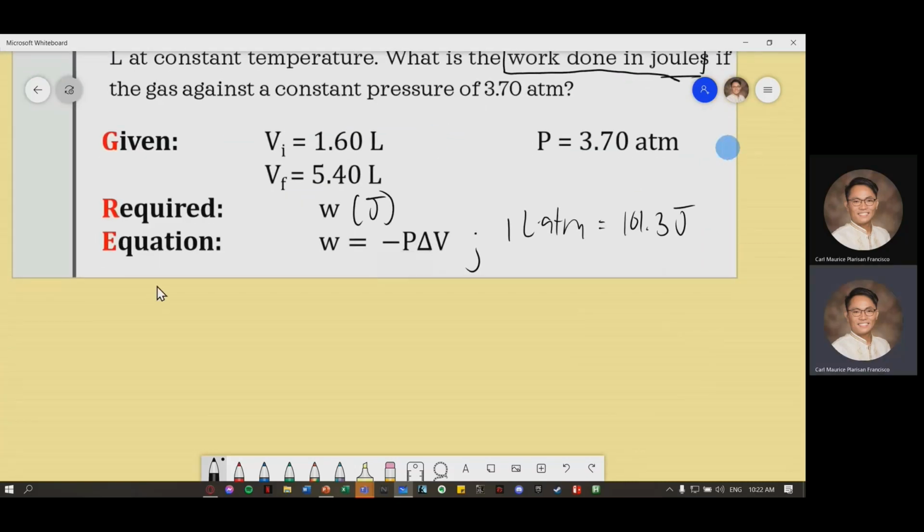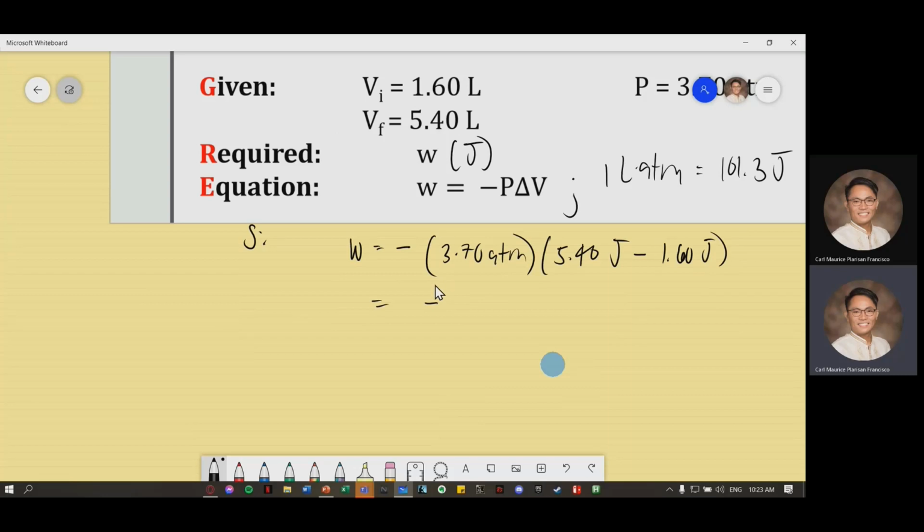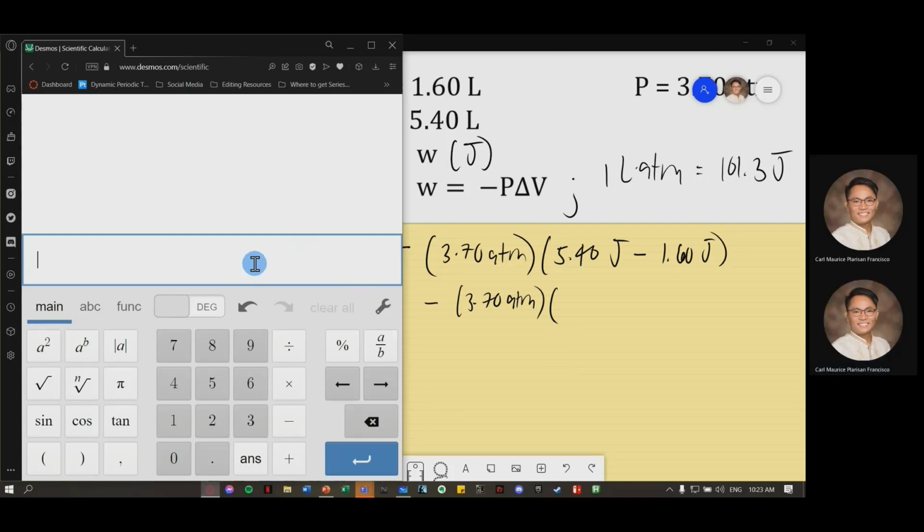So let's solve. Solution, work is equal to negative pressure. Pressure is 3.70 atmosphere multiplied by change in volume. So volume would be 5.40 joules minus 1.60 joules. Okay. So let's simplify the following answer. So negative 3.70 atmosphere, and then simplify the difference.